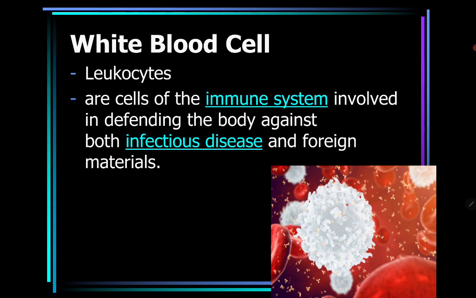Now let's take a look at the white blood cell. The other term is leukocytes, or cells of the immune system involved in defending the body against both infectious diseases and foreign materials.